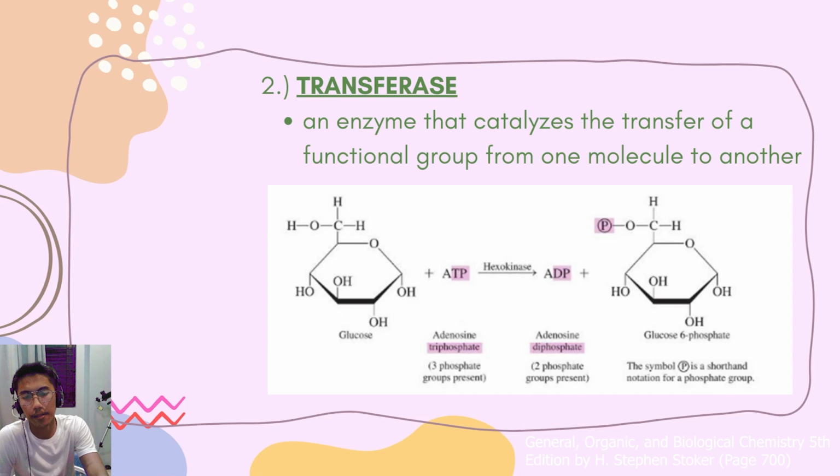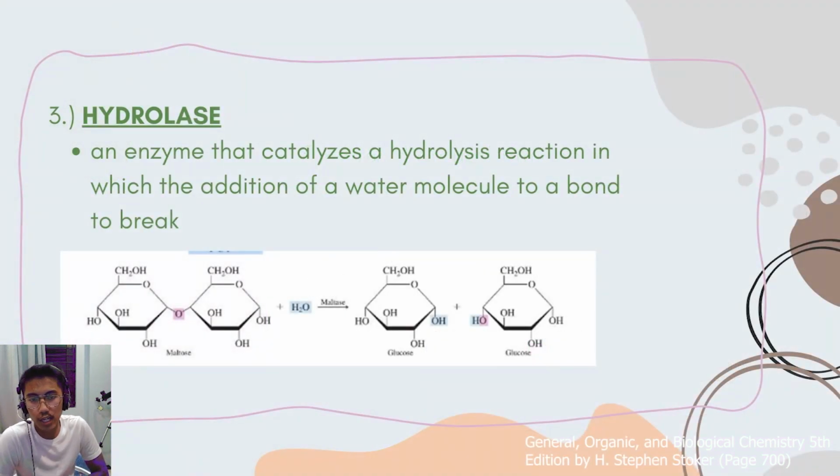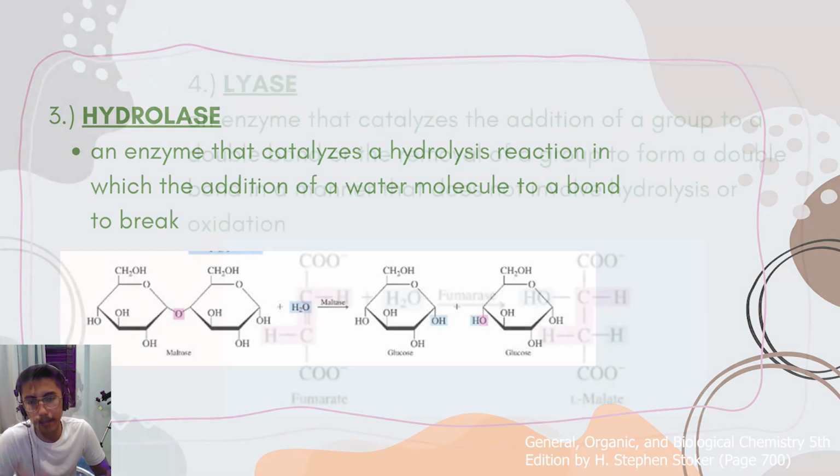It's just that. Number 3 is hydrolase. We have all learned hydrolysis reaction in our biochemistry, where we learned that hydrolysis is just addition of a water molecule to a bond to break it.